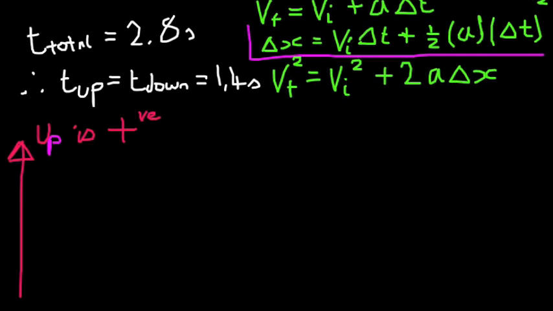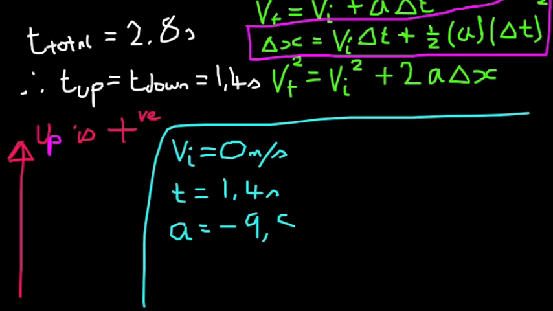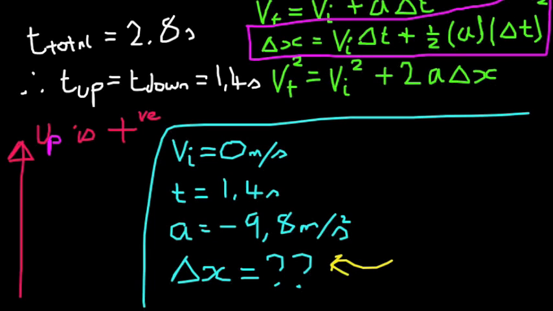We therefore tick off our knowns and unknowns and choose this equation. If we look at the up travel, we only have a final velocity, but if we choose the down travel, we have an initial velocity, which is exactly what we need to solve the equation. We therefore have initial velocity, time, and acceleration as necessary. I'm not actually going to solve for delta x for you, as this comes in the discussion, but if you have done it, you should notice that your answer is negative.